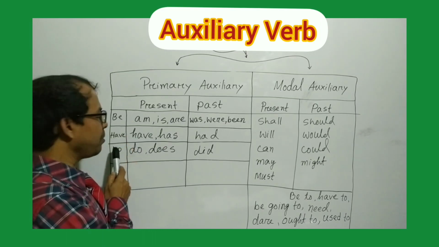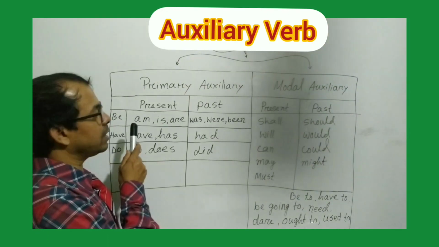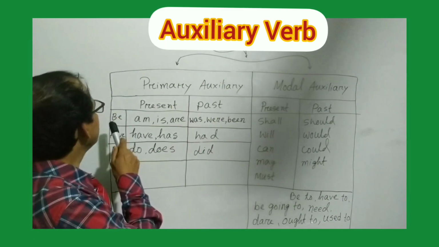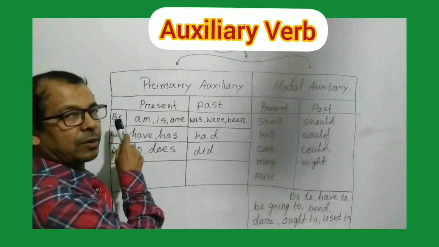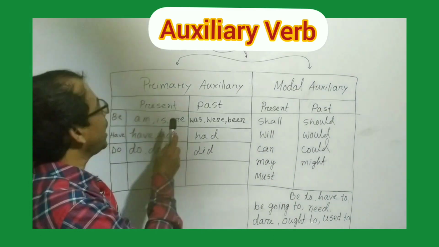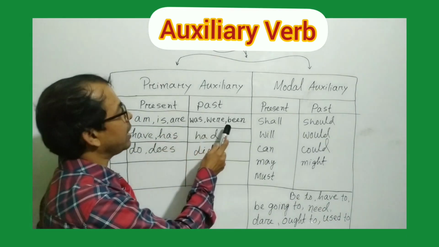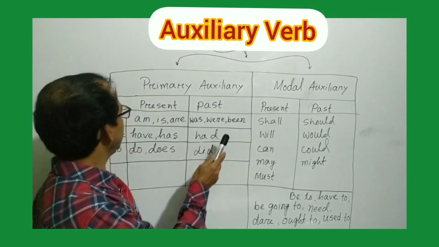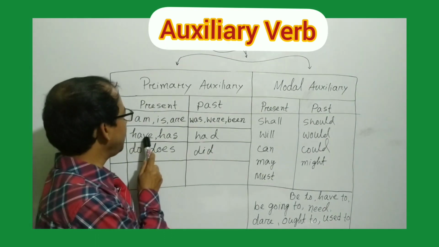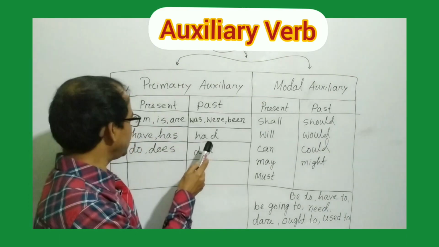be, have and do. So my dear student, you know that there are two forms of these verbs. So present form of be verb is am, is, are, and past form of be verb is was and were. And present form of have verb is have and has, and past form of have verb is had.